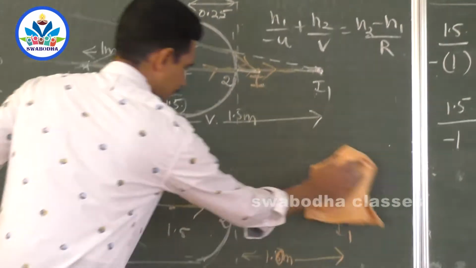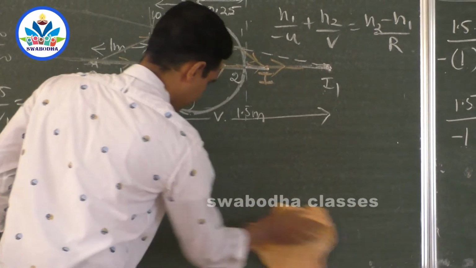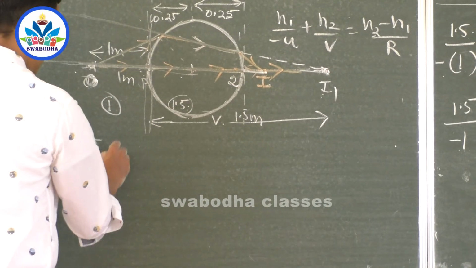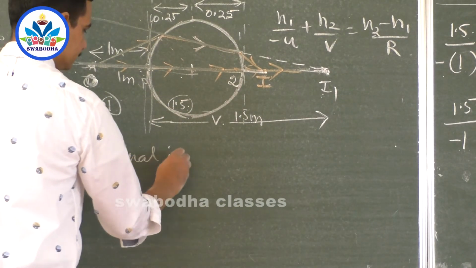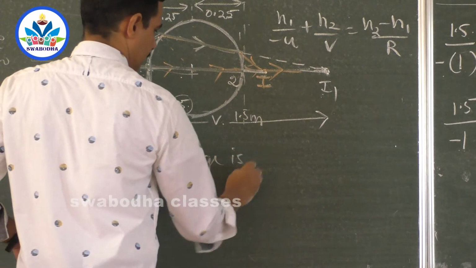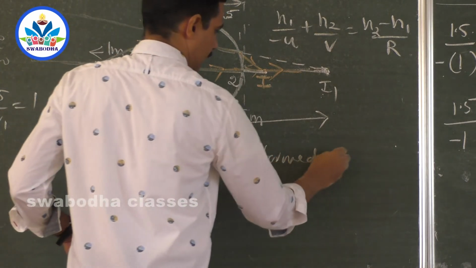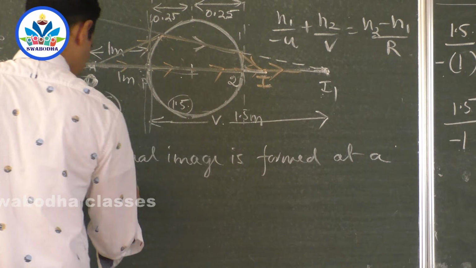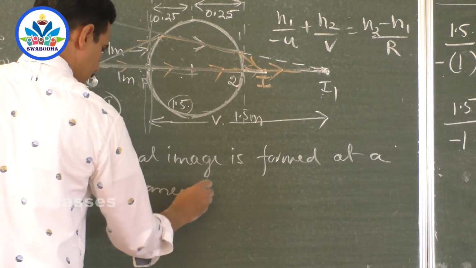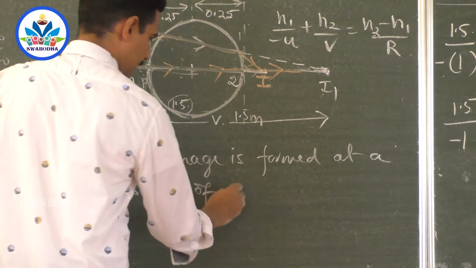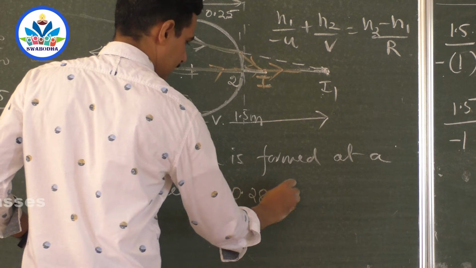So I will rub this one, this is not needed, this is only a supporting diagram. Okay, so final image is formed at a distance of 0.8257. You see, you got the answer as positive, correct?